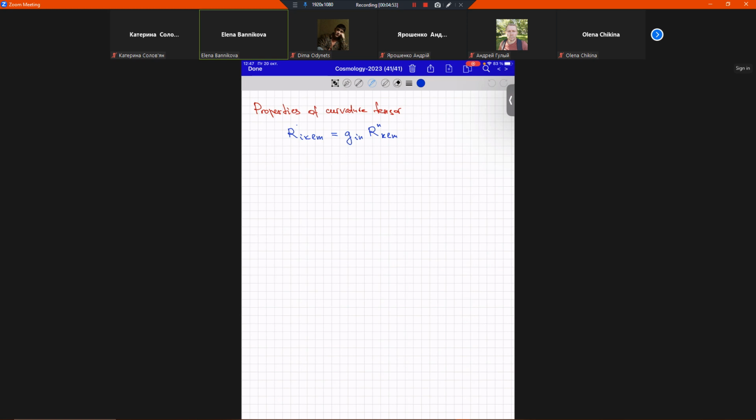So I will just write the final result. You can write in your notes that the expression of the Riemann tensor through the metric tensor is in such a way. We have R_{iklm}, which is equal to 1/2, and we understand why this appeared, maybe due to the fact that the Christoffel symbols have a multiplier one half. After this, we have g_{im}.